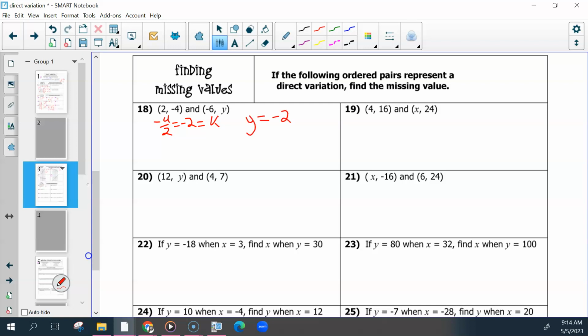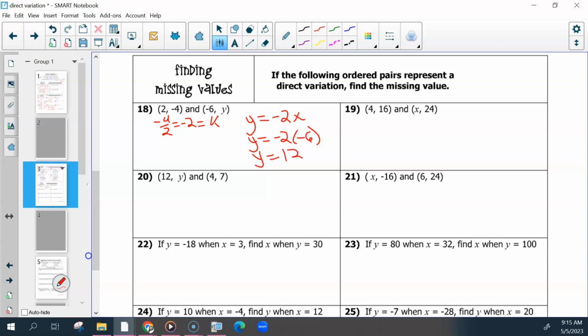Y equals -2x. Then in the other ordered pair, put in the number you have and solve for the missing variable. So our y value would be what? 12.